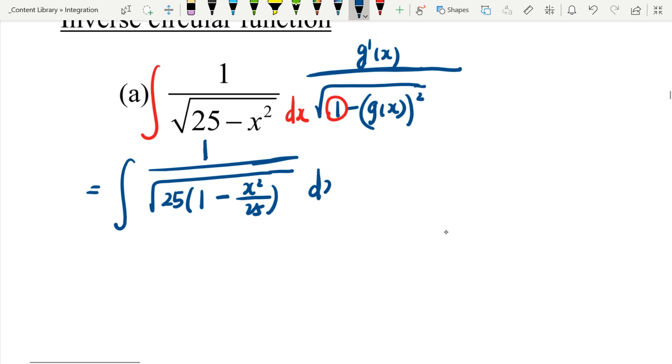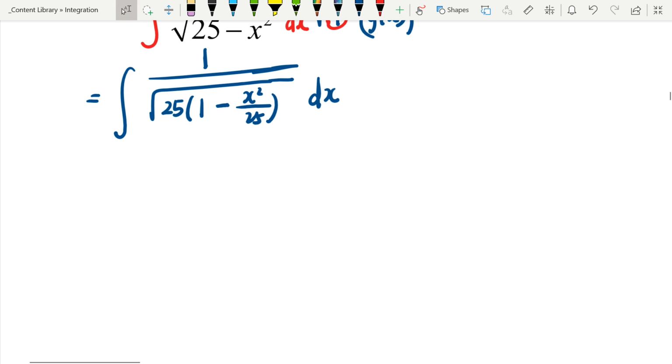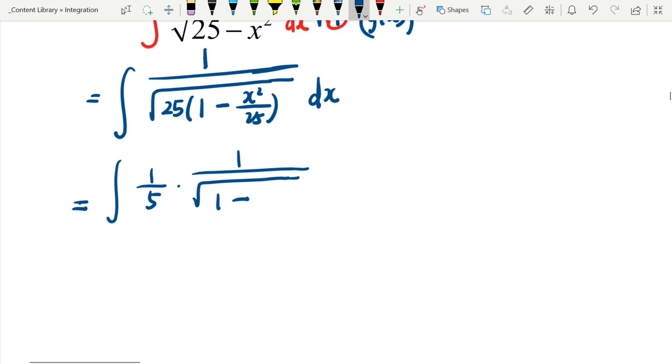So how can I get a 1? I need to take this 25 out. After I take this 25 out of the square root, I will have this 10 5 here. Inside is 1 minus x squared over 25.